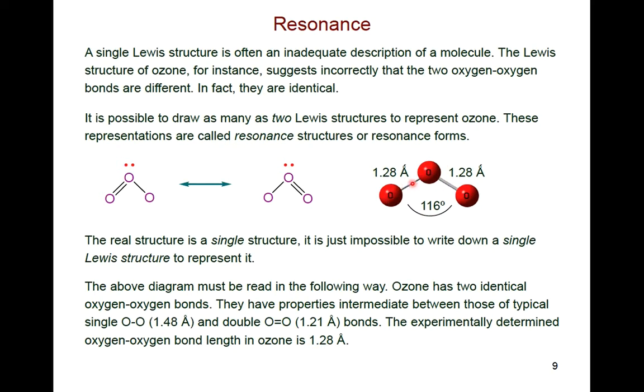So we can think of these as having a bond order of about 1.5 between each oxygen, rather than a bond order of 1 or 2. This has two identical resonance structures that we could draw. Very often I will give you a formula and ask you to tell me how many good resonance structures that obey the octet rule you can draw.